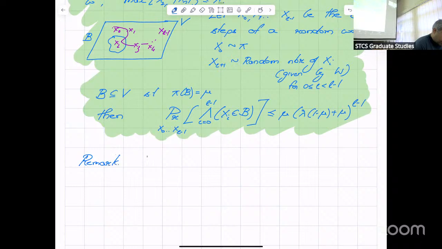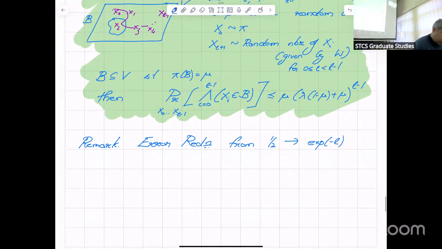So it's error reduction from half to exponential in minus L using additional L log D random points, instead of a multiplicative L.